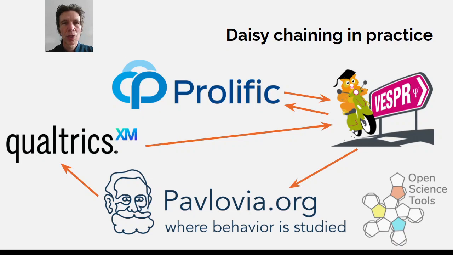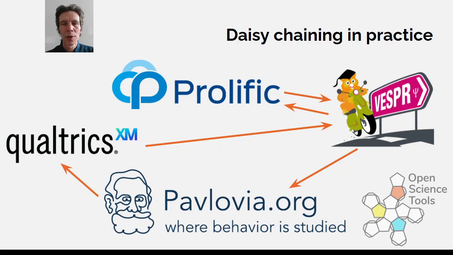Well, let's look at an example where we might recruit somebody in Prolific and then send them on to the VESPR study portal to read participant information and maybe get allocated to groups. And then from there we'll send them to Pavlovia for an experiment. After they've done the experiment, we want to do a questionnaire, a long questionnaire, so we'll send them on to Qualtrics.